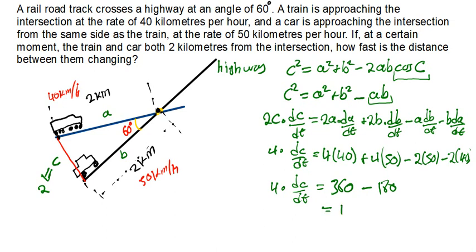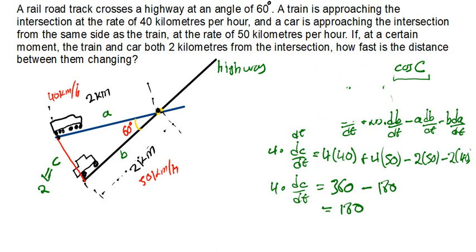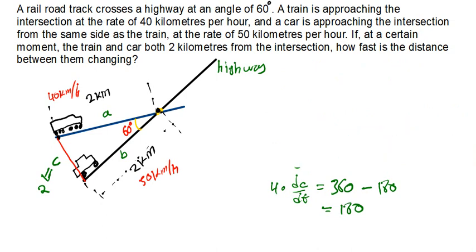So we have 180 here. Now making dc/dt the subject of the formula, it will be 180 divided by 4.